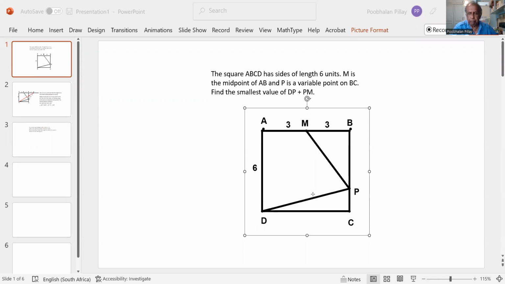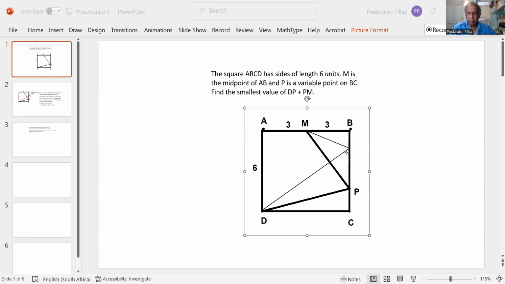So when you choose the point P here, then DP has got a certain length and PM has got a certain length. And you add those two, you get a certain number. Now, it's quite conceivable that if you choose a point P here, for instance, somewhere there, then DP is that, and PM is that.